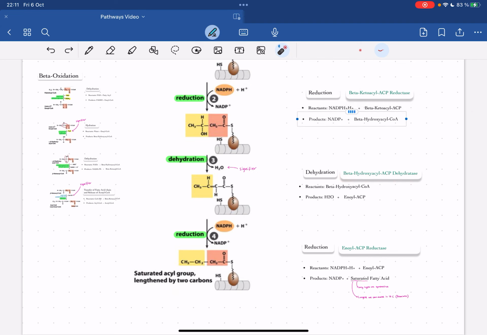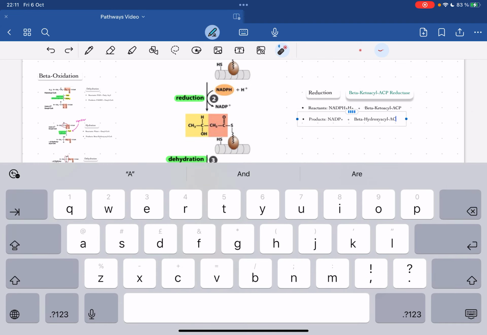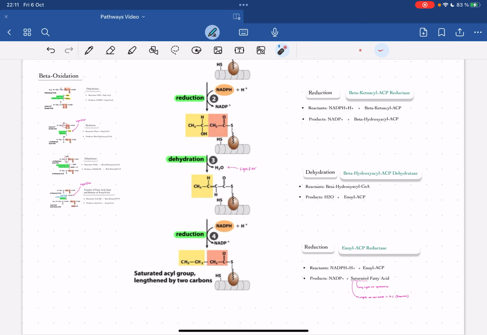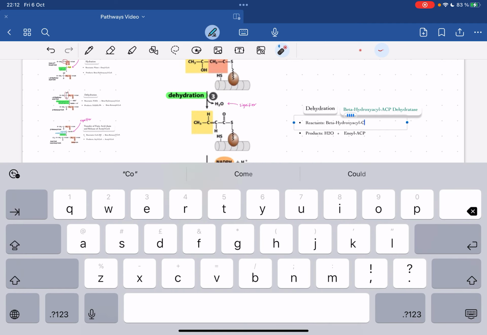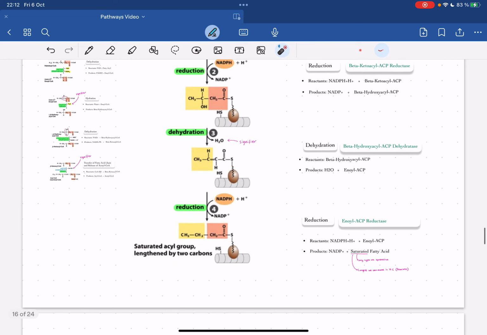I'm pretty sure it's supposed to say ACP here. We're using the beta-hydroxyacyl ACP dehydratase, and we're creating this enol ACP.